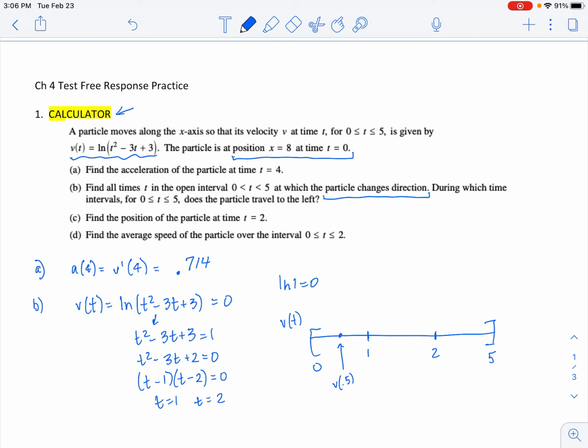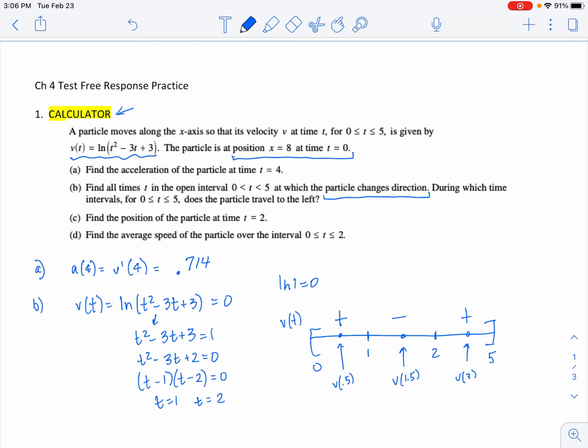So at 0.5, the v function itself is positive. At v of 1.5, when I type that in my table, I get negative. And if I try v of 3, I get another positive answer. Since I have these two sign changes, we're going to say it changes direction at 1 and 2.